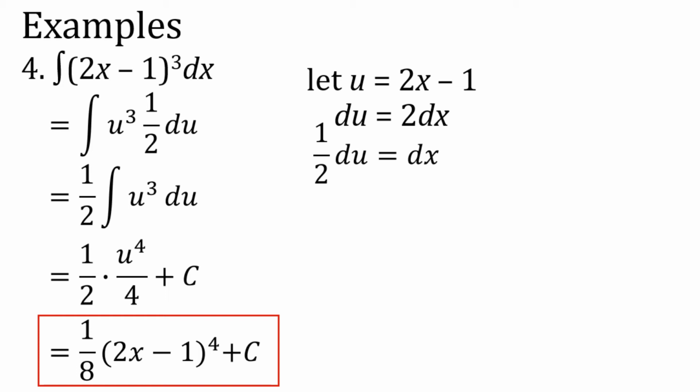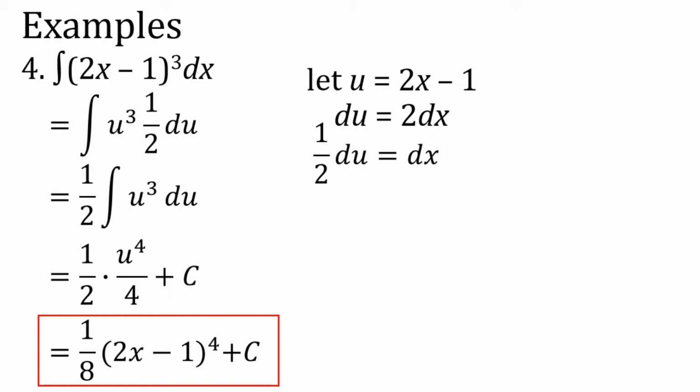In this case, we use integration by substitution. So why do we need to learn this method? Because you may say we can just expand it. For example, in this case, 2x minus 1 cubed, we can easily expand that because it is just a cube of a binomial. What if the exponent here is 10 or 20? If it is raised to a higher power, it's very hard to expand it, right?